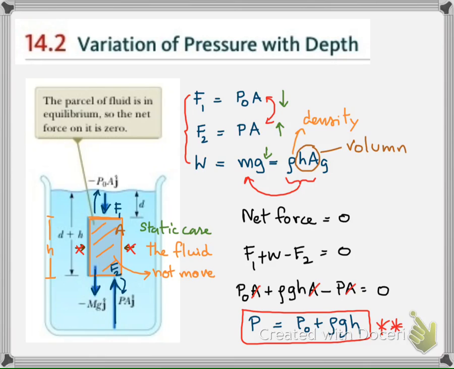So this formula gives you the variation of the pressure with the depth h, but you also have to know the pressure of the reference point here, P0. Okay, so this is a variation of pressure with depth.